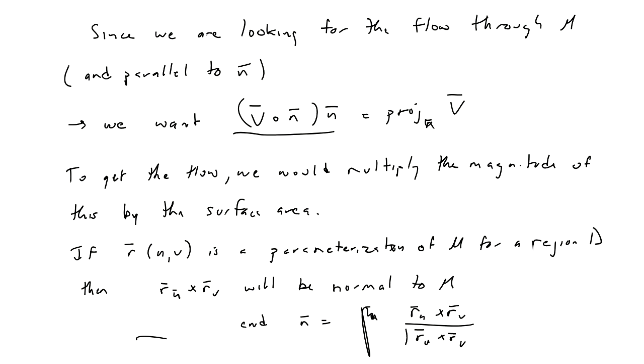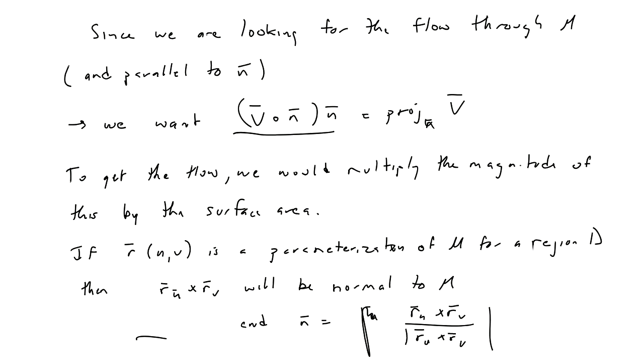Because we want it to be a unit vector, we're going to divide it by its length. Little thing is this will give us one of the two normal vectors. It could be we really want the other one. So we might have to check that we're getting the right one. If we're not, we'd have to multiply by -1.